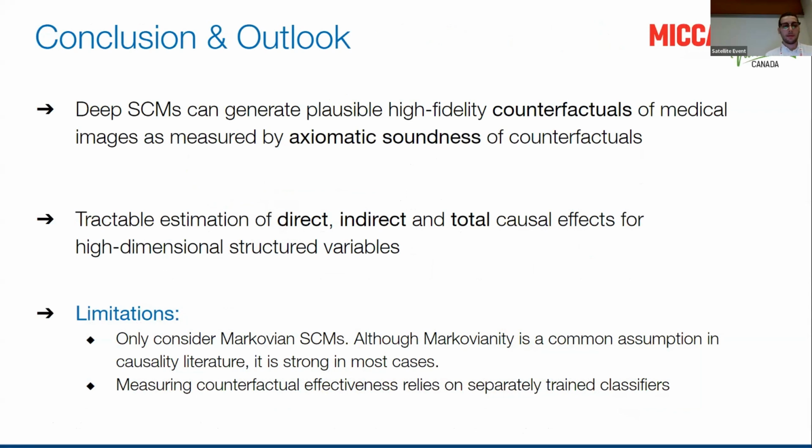A couple of limitations include the fact we only considered Markovian SCMs. Although this is a common assumption, it can be quite strong in most cases. Also, measuring counterfactual effectiveness relies on separately trained classifiers, which may come with their own issues and biases. So this is something to look at in the future as well.